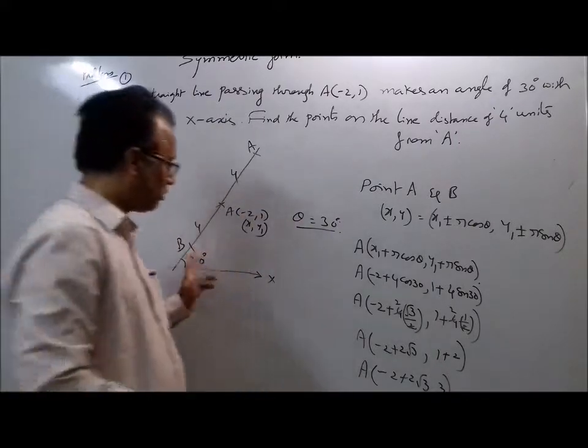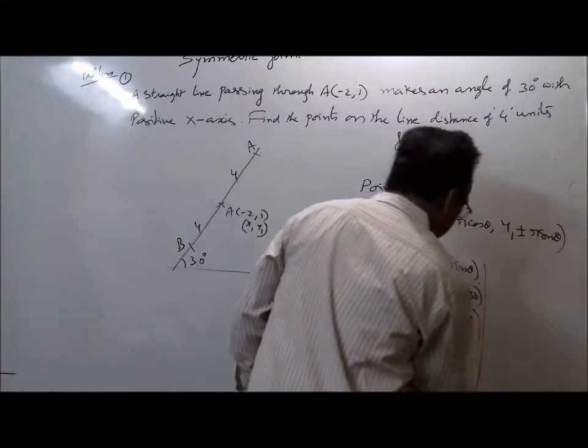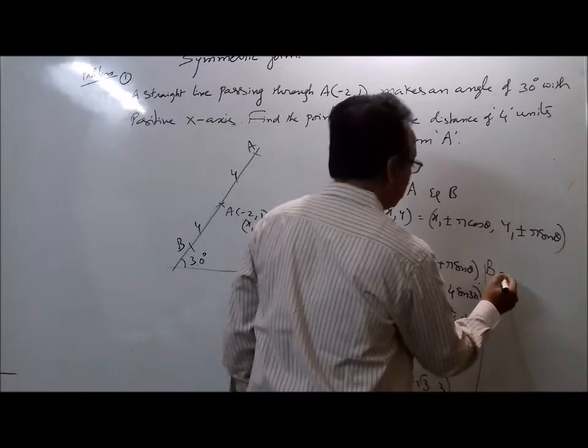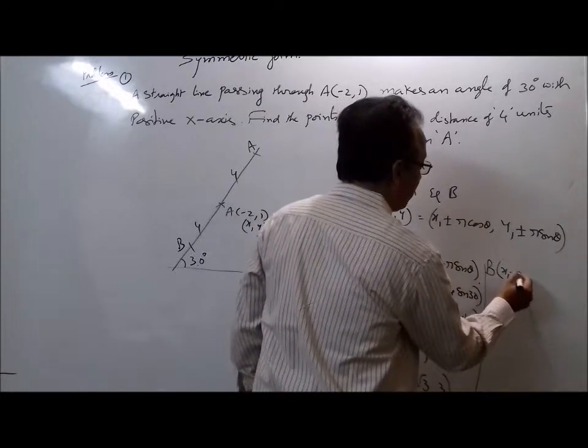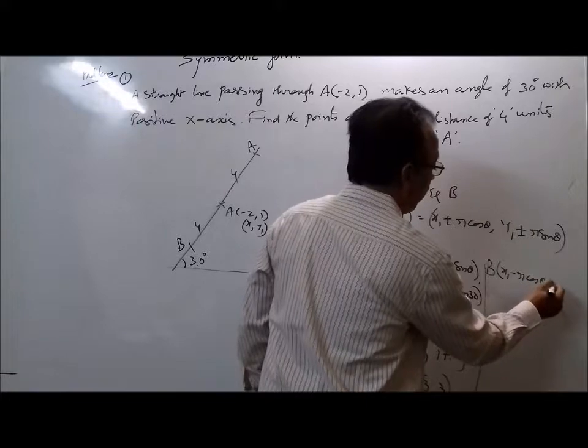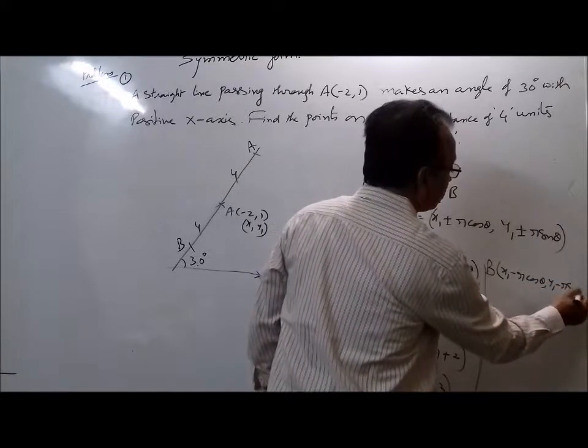Similarly, for the point B we do the same with minus. B is x1 minus r cos theta, y1 minus r sin theta.